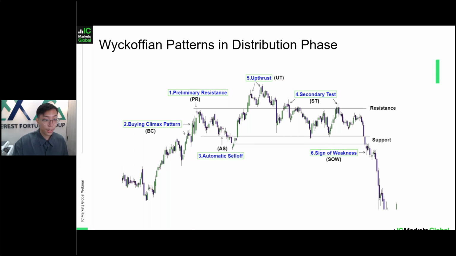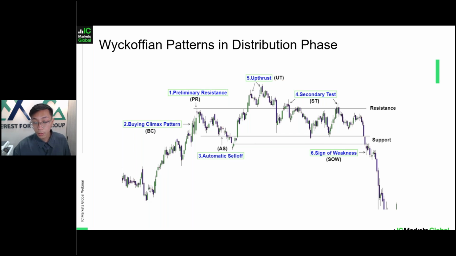All right, then we also have your buying climax. It is one of the patterns in the distribution phase, characterized by a sharp rally, from the bottom all the way here, and it takes place before the preliminary resistance, your PR. It indicates that buying pressure has reached a stage in which aggressive buying behavior by the public will be offset by big players.